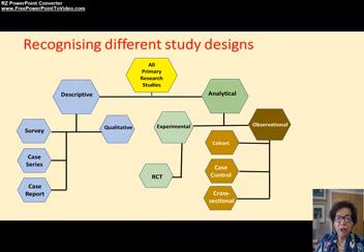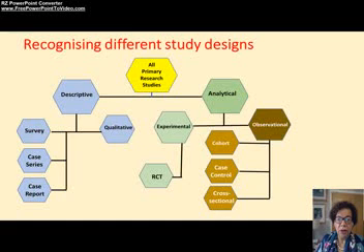In this slide, you can see a summary of different types of study design that the published research paper may have used. It's beyond the scope of this lecture to go through each design in detail, but it is important that you are able to recognize them by their characteristics. Let's start with the yellow box at the top of the slide, showing all primary research studies.